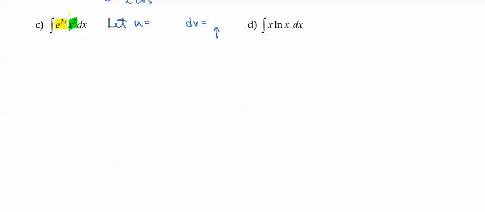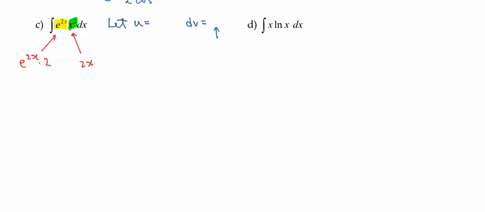No? You don't know how to differentiate both of them? E to the 2x, differentiate it, gives us this. And x squared, when you differentiate it, that gives us 2x. We know how to differentiate both of them.